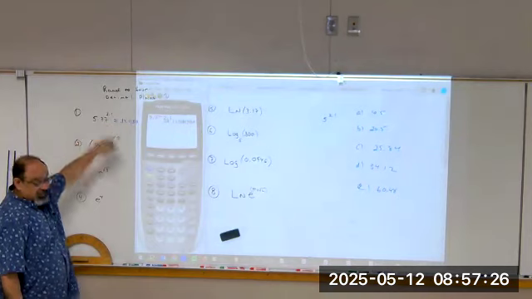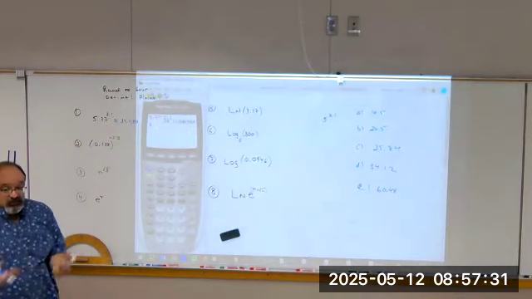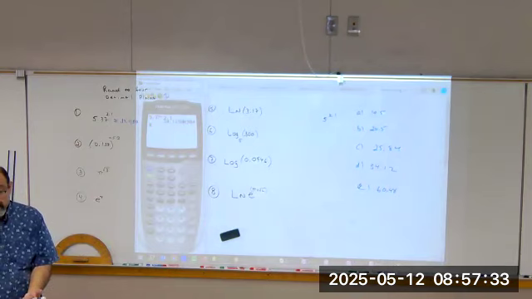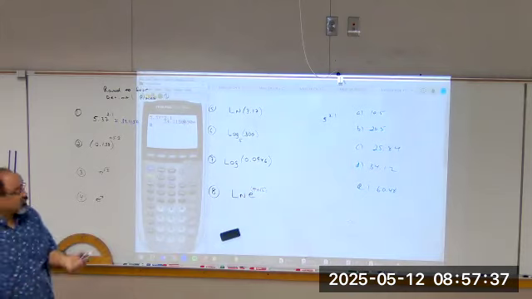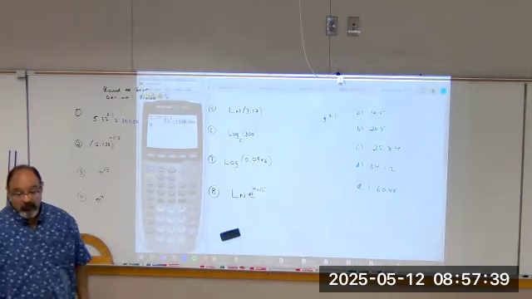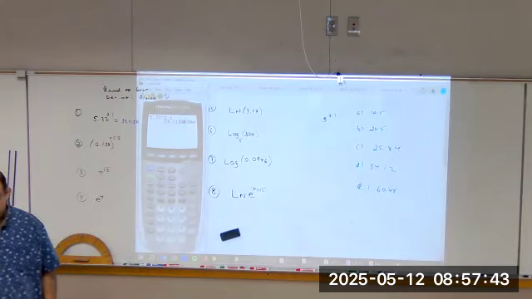It's not going to be 60 either. 6 squared is 36, and 5 to the 2.1 is not even going to be close to 6 squared.